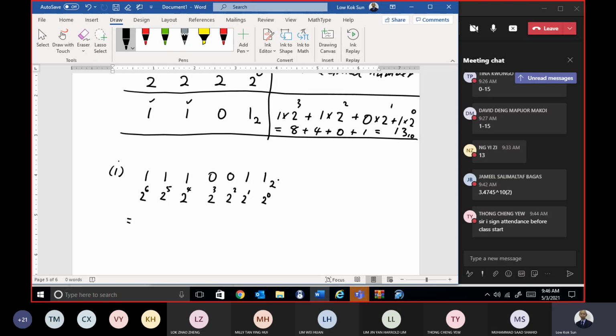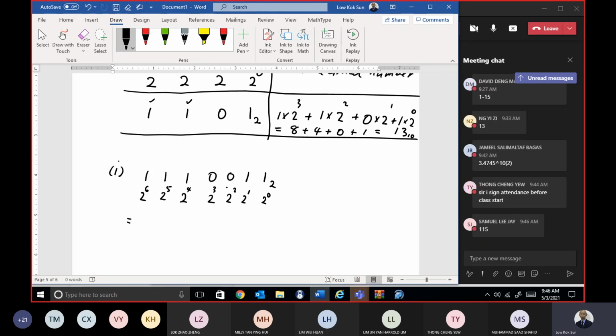So there are different positions. The highest one, of course, just like our normal number, the front one has the biggest value in terms of digit position. Some of you are so fast already. Very good.